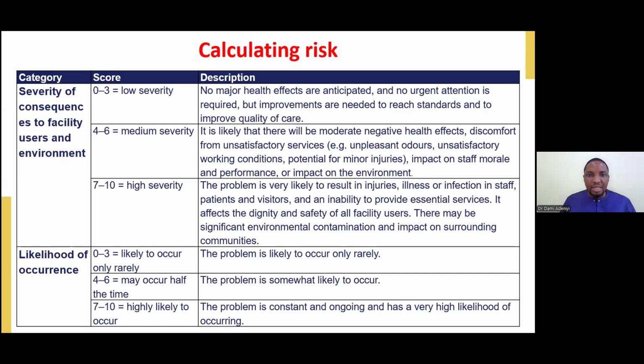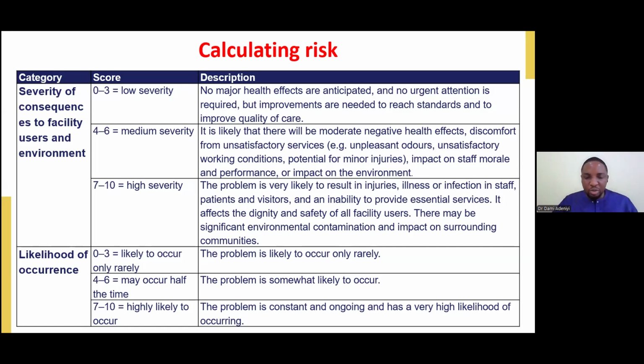If you think it is likely that there will be moderate negative effects, maybe discomfort, unsatisfactory services such as not being pleasant to the eyes, odors in the facility, working conditions that are not favorable, or minor injuries, that is medium severity. You score between 4 and 6.